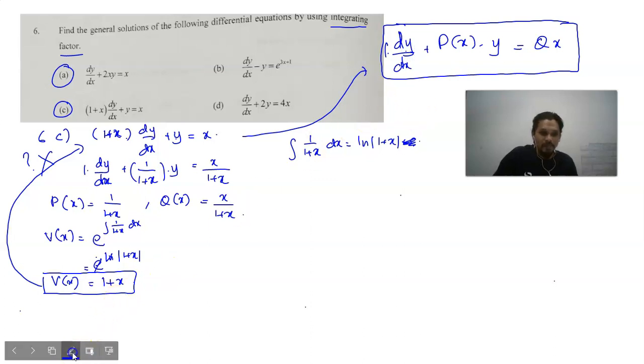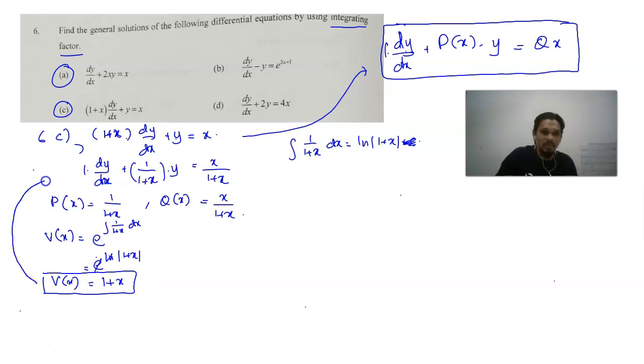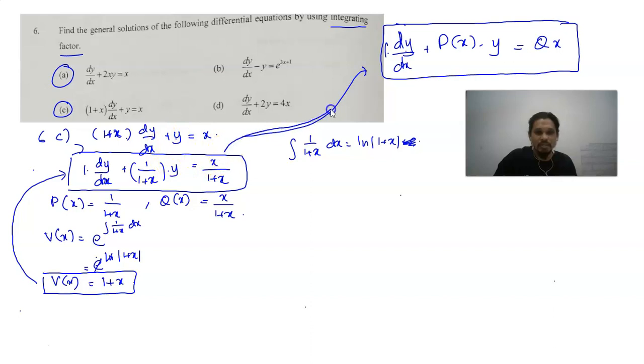If not, then this v, we are going to multiply with the equation after we make some adjustment, so that the equation is exactly in the form of 1 dy/dx.